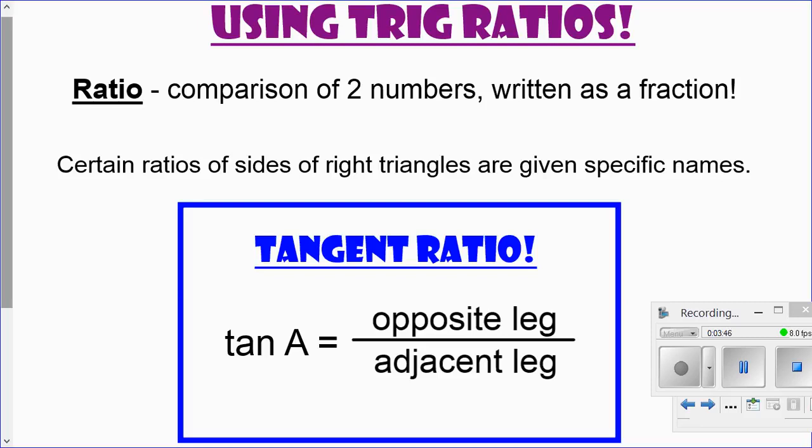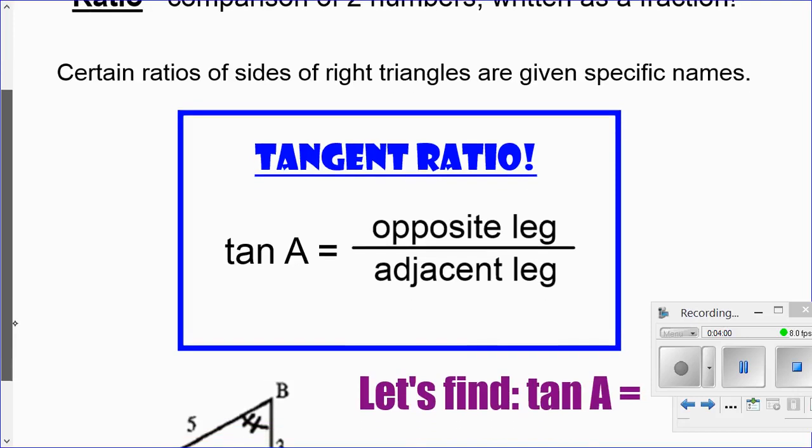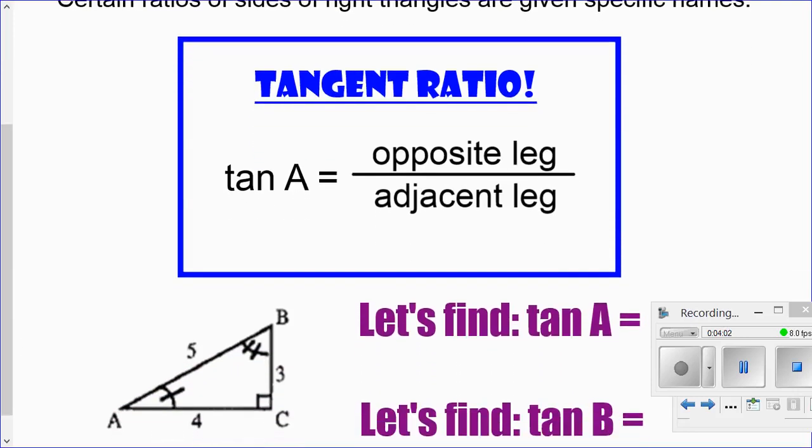The first ratio that I'm going to introduce you to is called the tangent. That's just the name for this ratio that's relating the sides of the right triangle. When this says tan A, that's just an abbreviation for tangent, and A is just a specific angle.